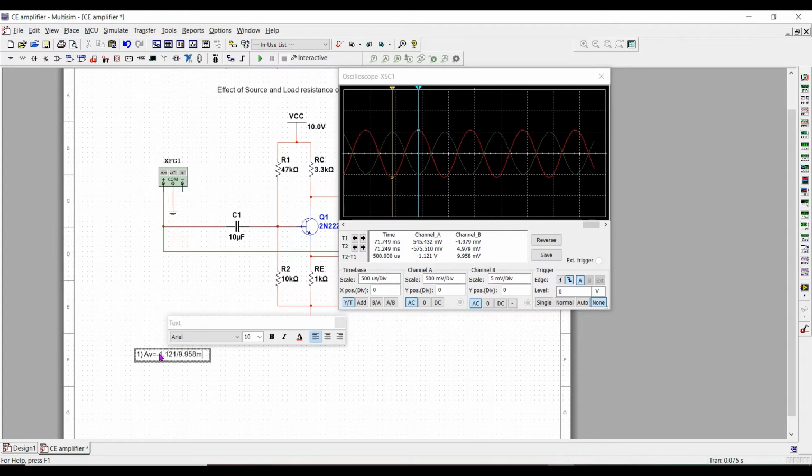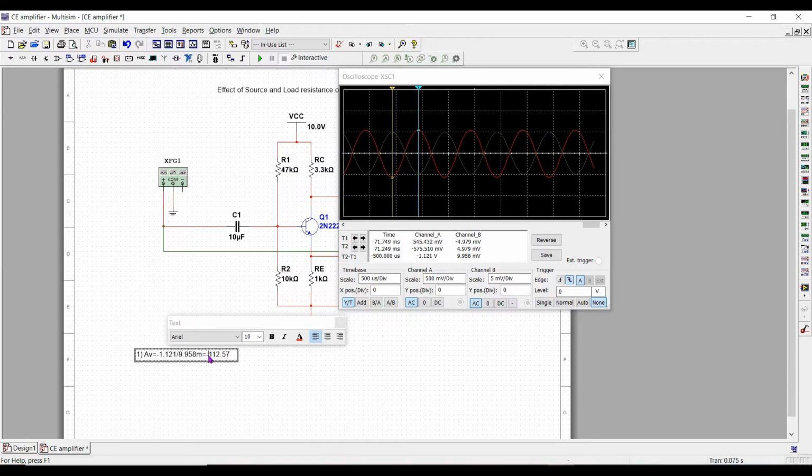That comes out to be approximately equal to minus 112.57.